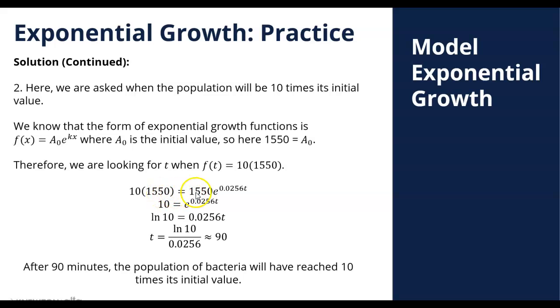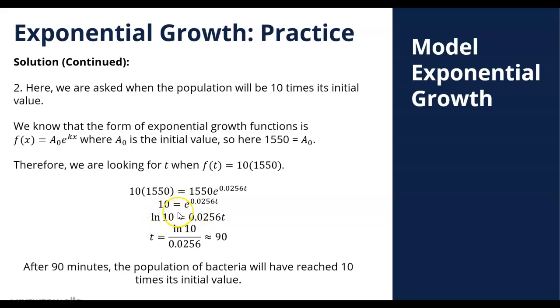So we can divide both sides by 1,550 to cancel this number on both sides of the equation. And that gives us 10 equal to e to the 0.0256t. Now since we want to compute for this time t here, we can take the ln of both sides. Since this exponential function is a one-to-one function, we can do this.